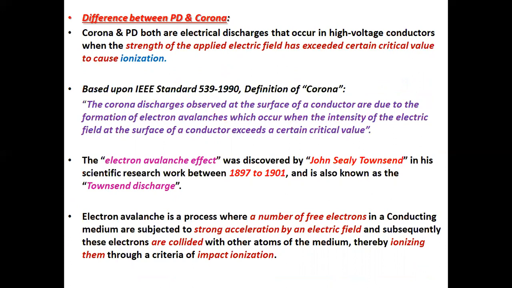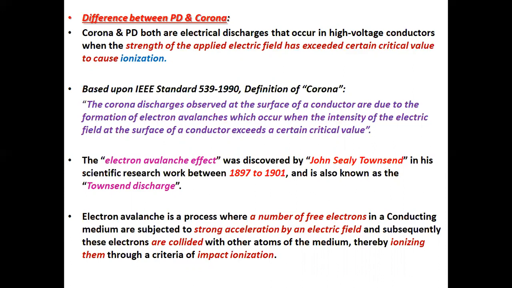Difference between PD and corona. Corona and PD are both electrical discharges that occur in high voltage conductors when the strength of the applied electric field has exceeded a certain critical value to cause ionization.